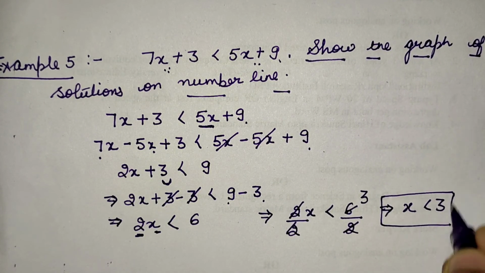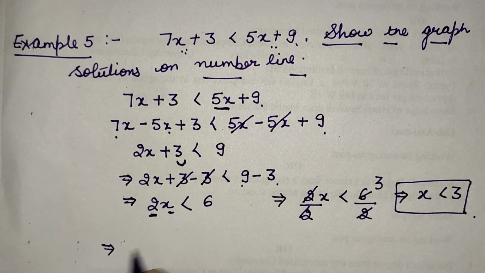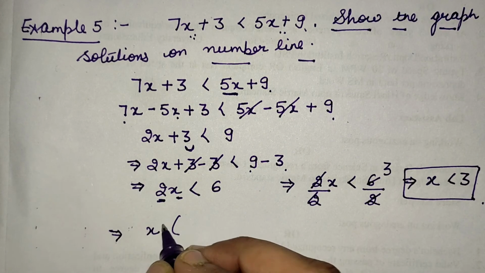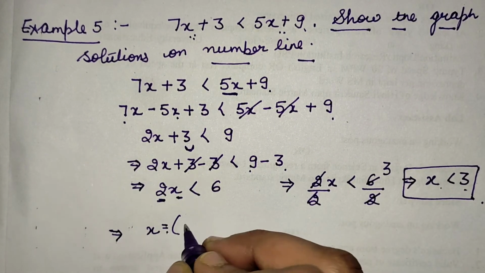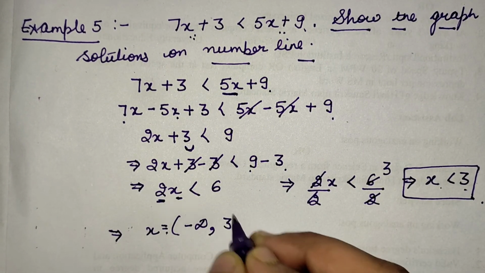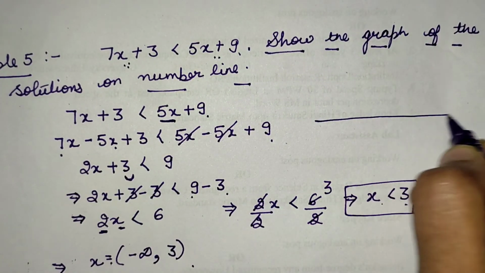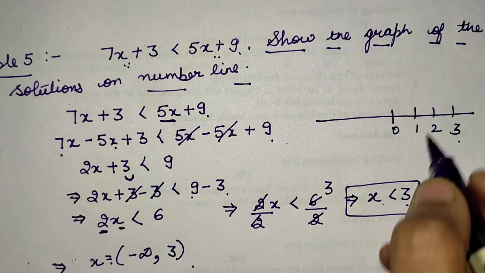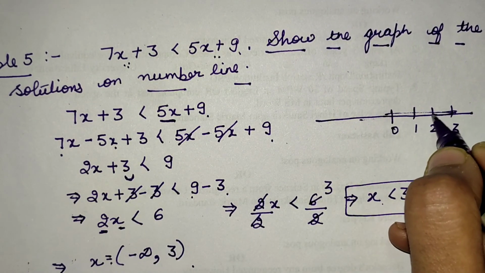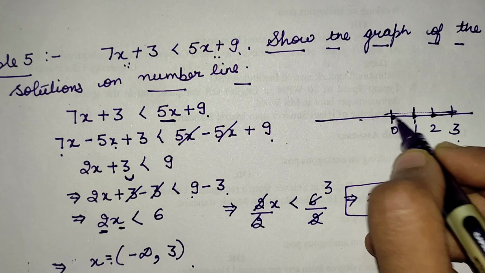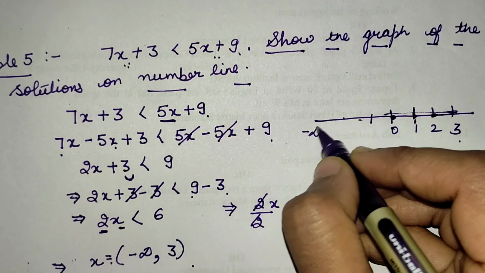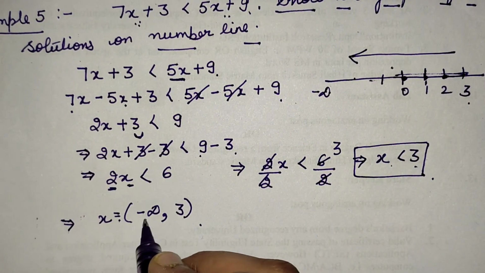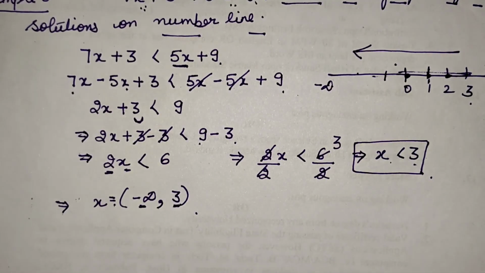If x is less than 3, then in the form of real numbers it is minus infinity to 3. Why? Because on the number line 0, 1, 2, 3, less than 3 means it can be 2, 1, 0, or go up to minus infinity like this.